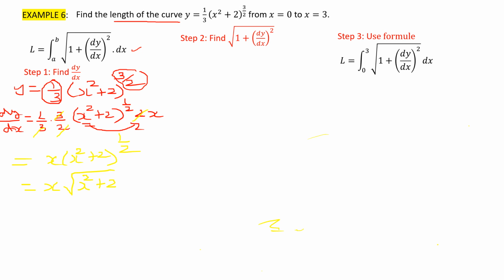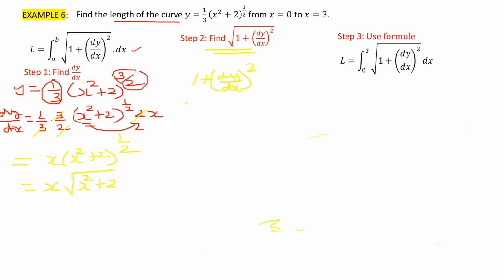Now let us move to step number 2. What is step number 2? We need to find 1 plus (dy by dx) the whole square. We already know dy by dx; dy by dx is x times square root of x power 2 plus 2.